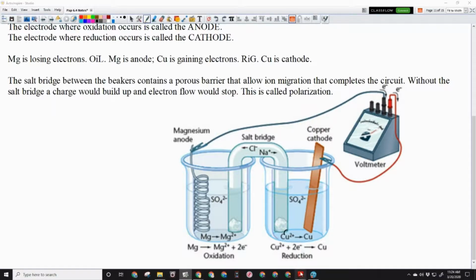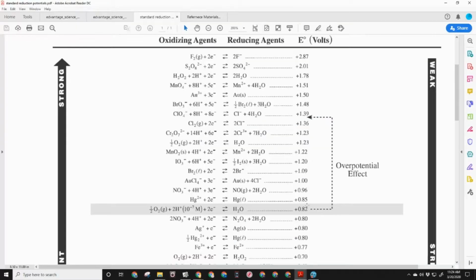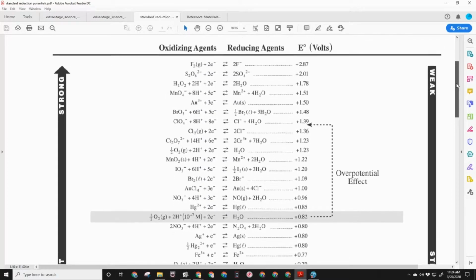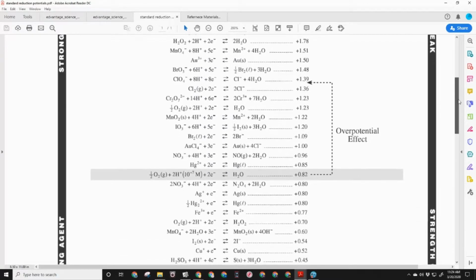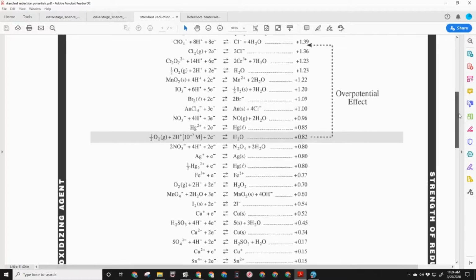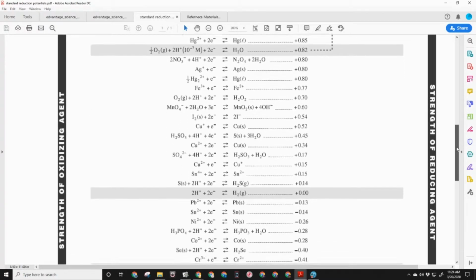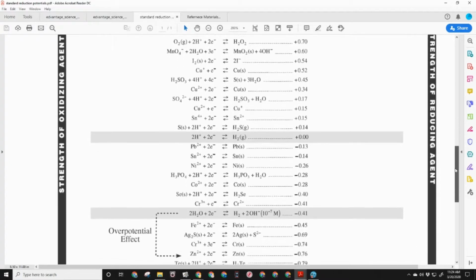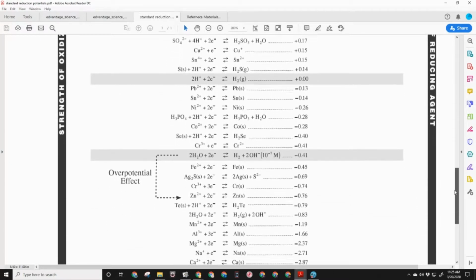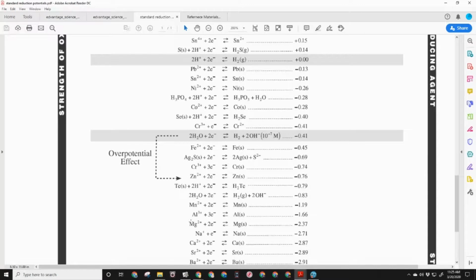So let's find that on our standard reduction potential table. All right, here it is right here: magnesium going to magnesium 2+.